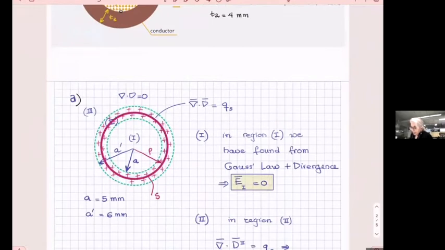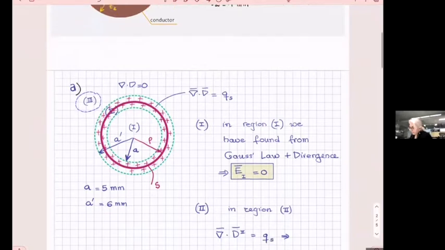So there is an inner side of this area, which is region 1. There is the area in the inner conductor where all of the charge distributes, which I call area 2 here. And then there is the outside area, which is called area 3.